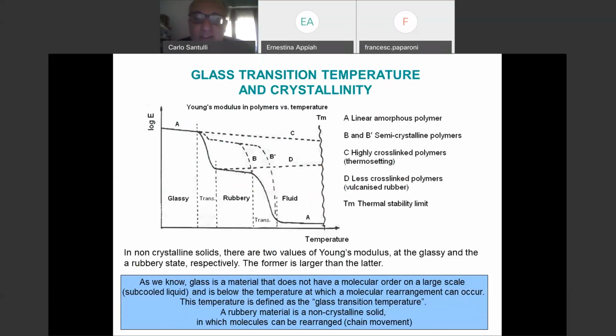In the case of the vulcanized rubber, I may have shown last time. Vulcanized rubber means that you have some bridges made by sulfur atoms between the different chains. This is called vulcanization, and this allowed the production of car tires, etc., by a patent which was by Goodyear in the 19th century.